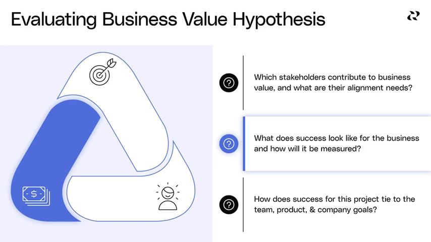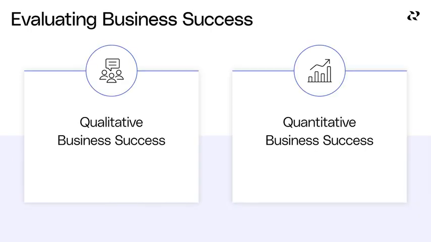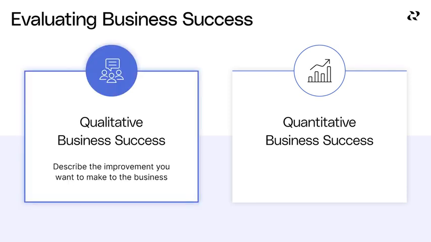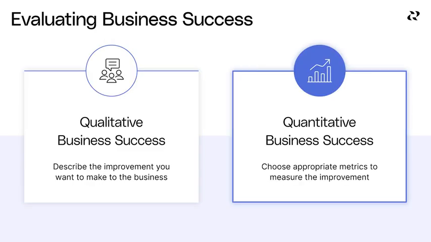Next, you need to answer, what does success look like for the business? Again, you'll want to estimate this both qualitatively and quantitatively. Qualitatively, you can describe the improvement you want to make to the business. For quantitative success, make sure to choose appropriate metrics to measure the improvement. Common quantitative metrics include revenue, retention, and activation.